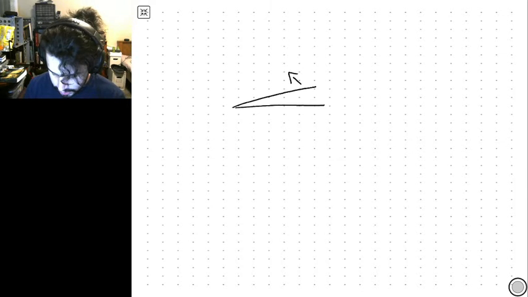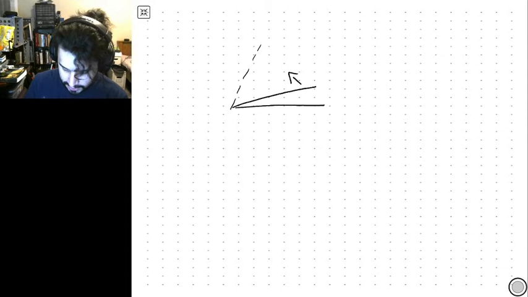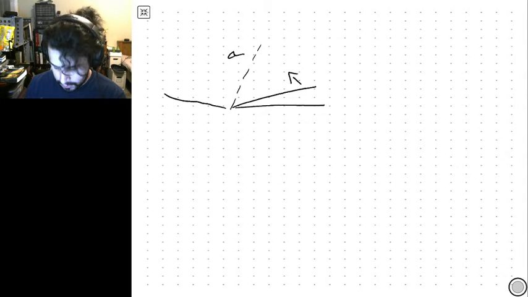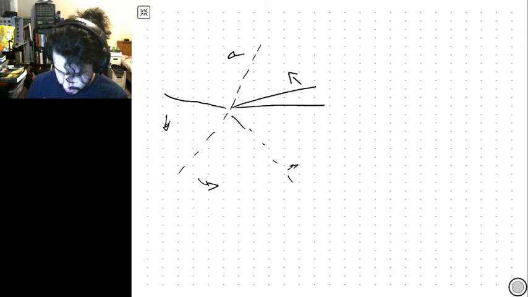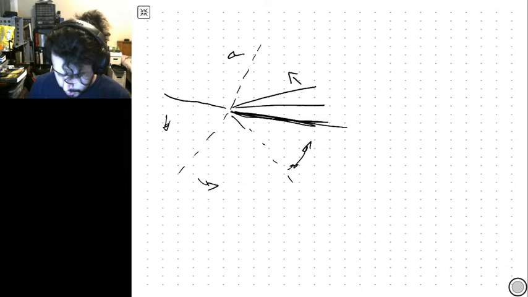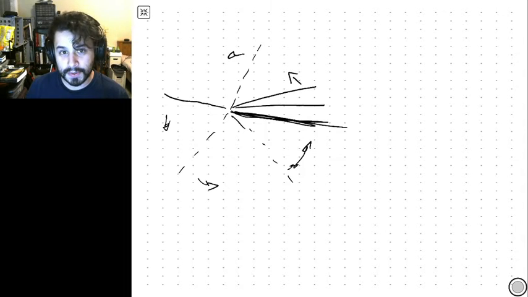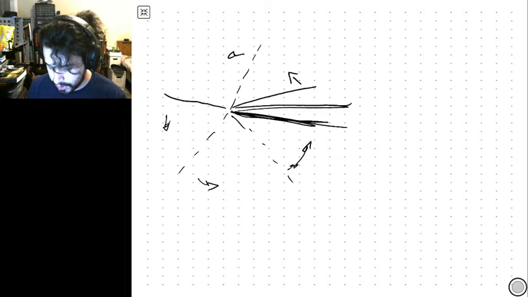So it's going to eventually get over here. And then if we keep getting bigger, it's going to get over here. And if we keep getting bigger, it's going to be right here. And then right here. And then finally, it's going to be over here. Very close to where it started, and eventually it's going to reach back where it started. So eventually it's going to come back here.